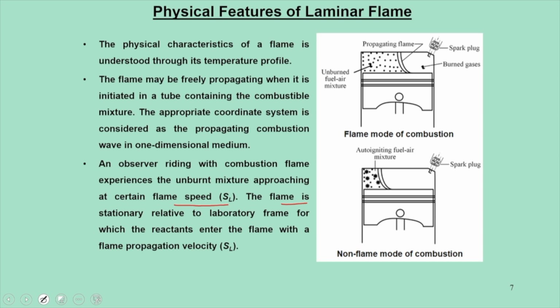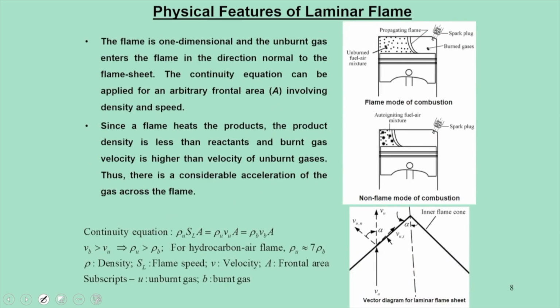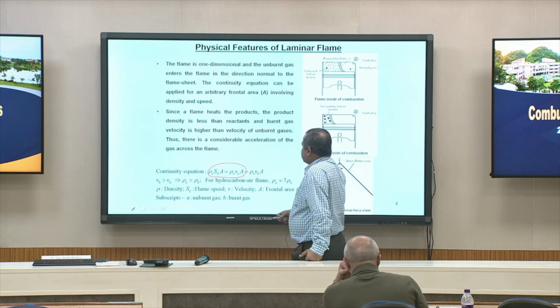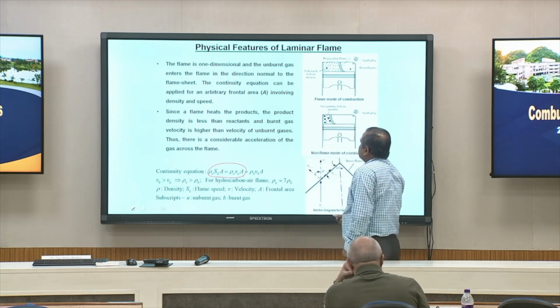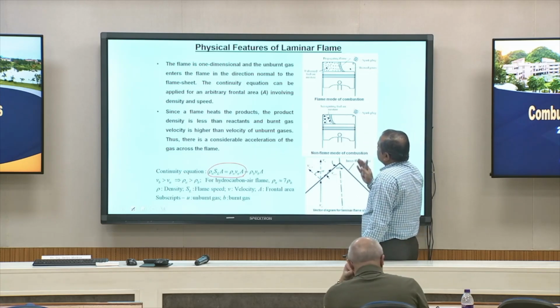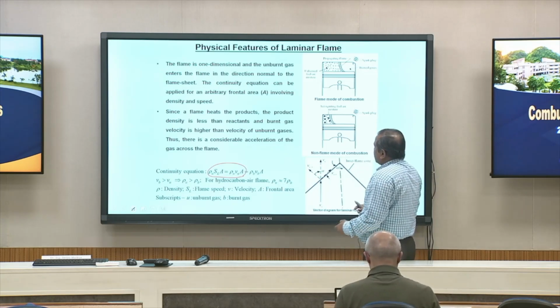So the flame speed and the propagation velocity of the reactants or charge have to be the same. We get that relation through the continuity equation, relating conditions before and after the flame. This condition has to be satisfied for creating the flame. That means the continuity equation involves an arbitrary frontal area, density and speed.